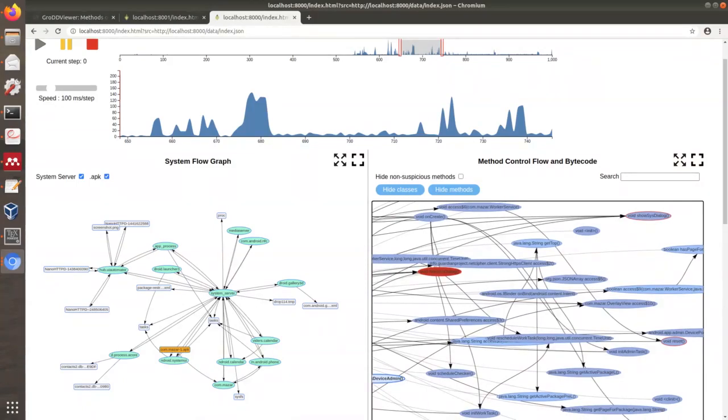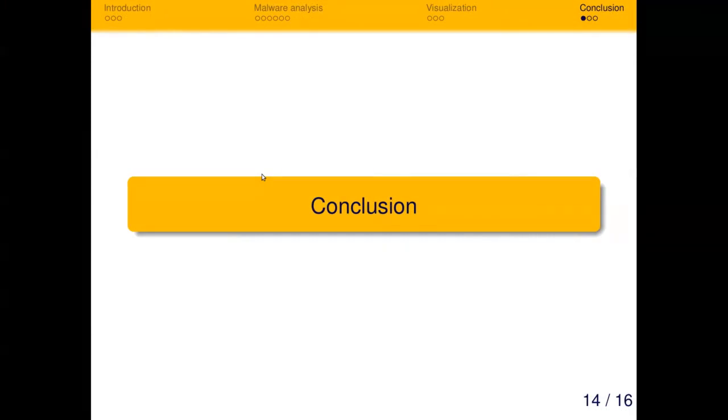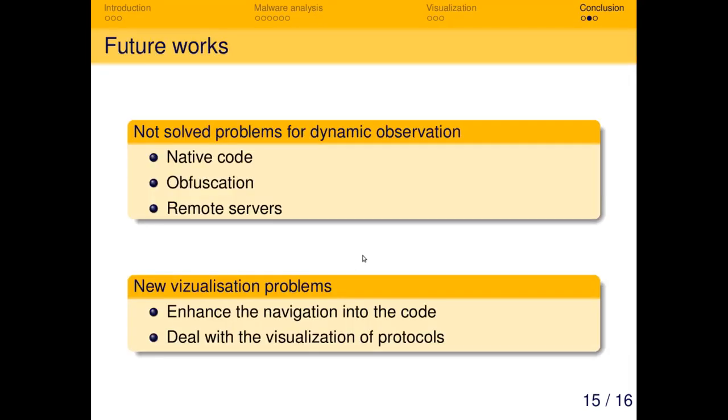Let's go back to the presentation. As a conclusion, I want to say that you understood that the goal is to make easy the reverse and the investigation of an application, but of course not all the problems are solved. You may have native code in your application, so it's a difficulty because the native code is not displayed right now on the visualization.